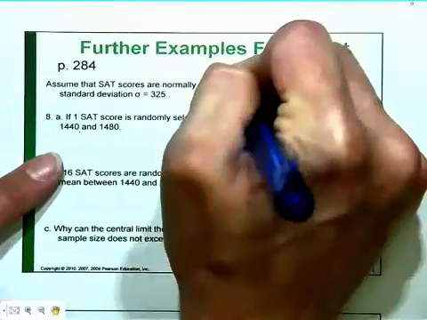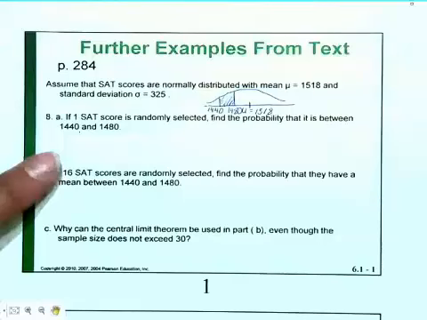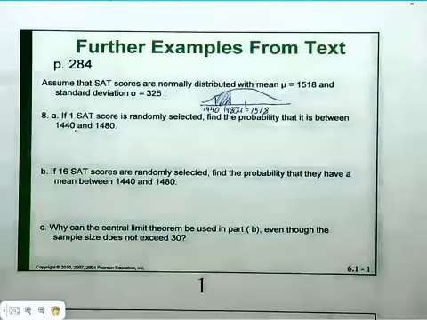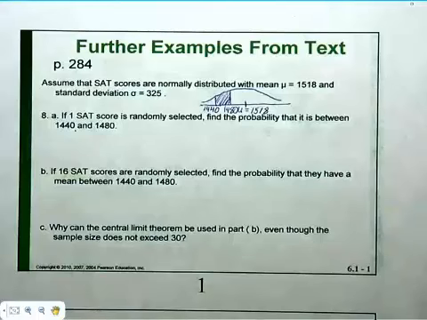We're looking for the probability in the A part that an individual score lies in that range. And in the B part, the probability that the mean of a group of 16 falls in that range.